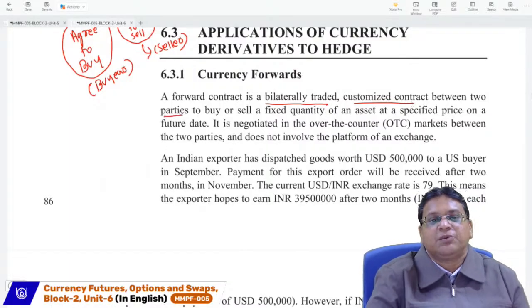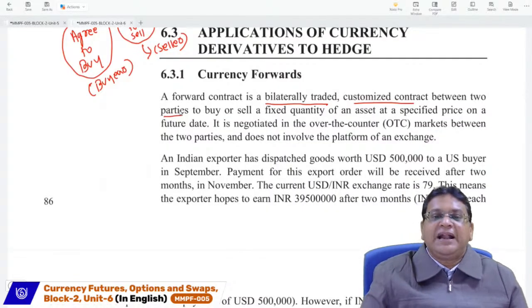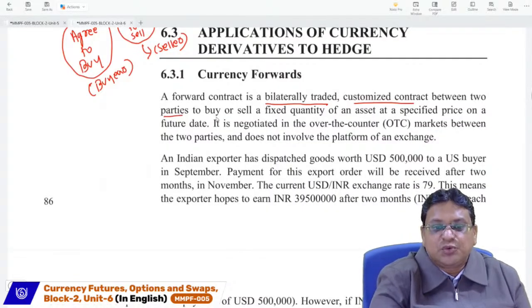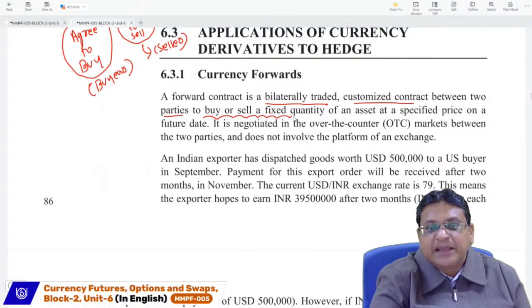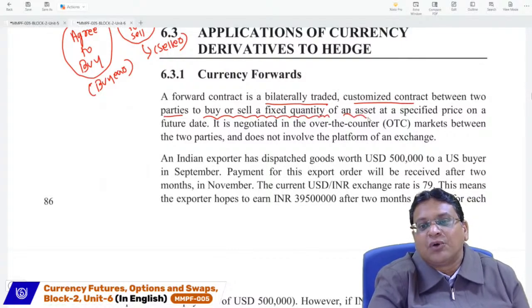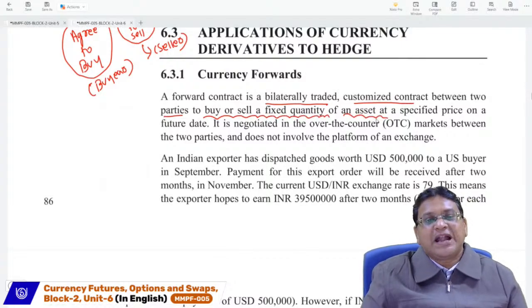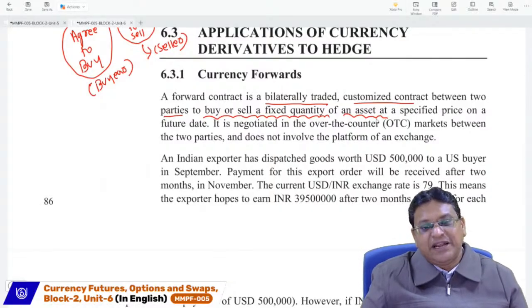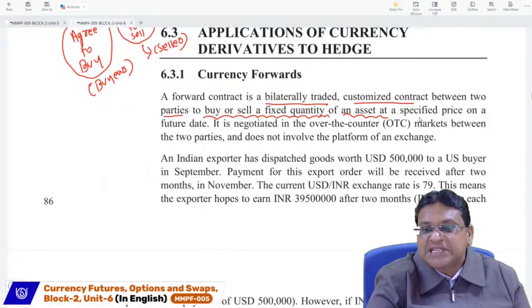So a forward contract is a bilaterally traded, customized contract between two parties. Who are the two parties? One is buyer and the other is seller. And the contract is either to buy or sell a fixed quantity of underlying asset. At what price? At a specified price. This is known as agreed price.